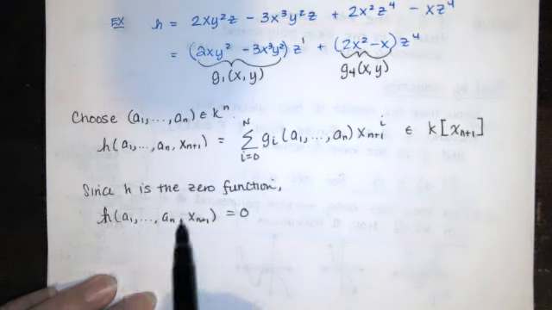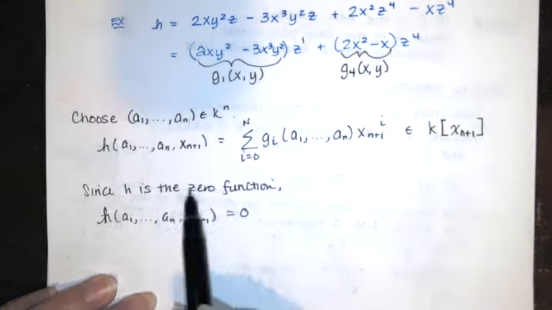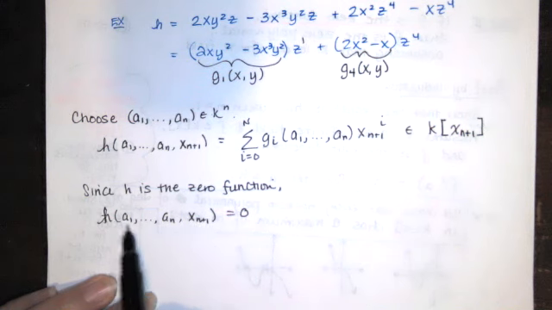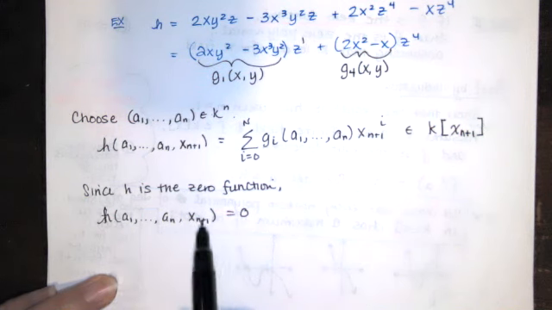But now we've got particular numbers in here. So we've got h is the 0 function, so this is true, and we have substituted in these particular values.